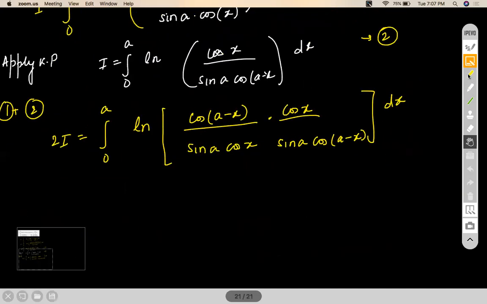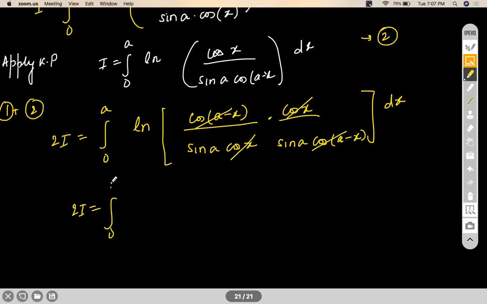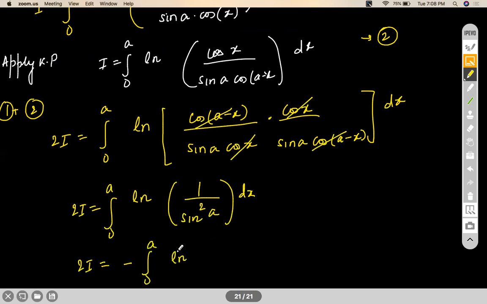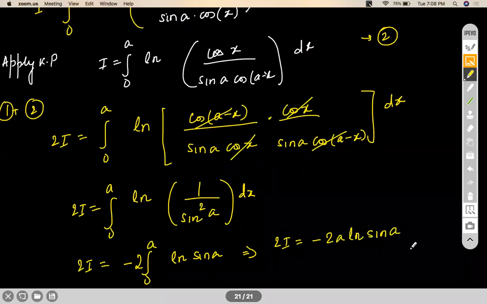Okay. So cos x will go off, this and this will go off, leaving you with 0 to a ln 1 by sine square a dx. So it is actually nothing but minus 0 to a 2 ln sine a. So your 2I will become minus 2a ln sine a. Correct? So I will become minus a ln sine a.